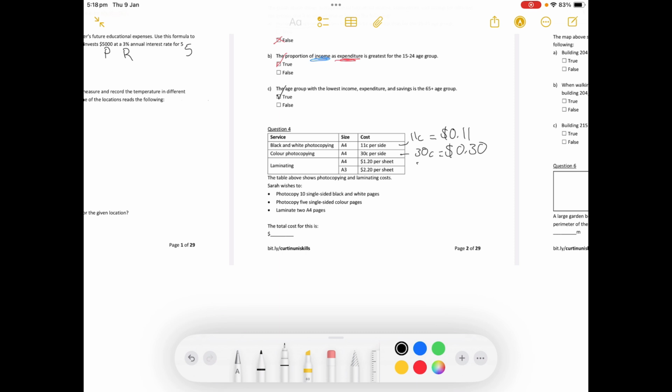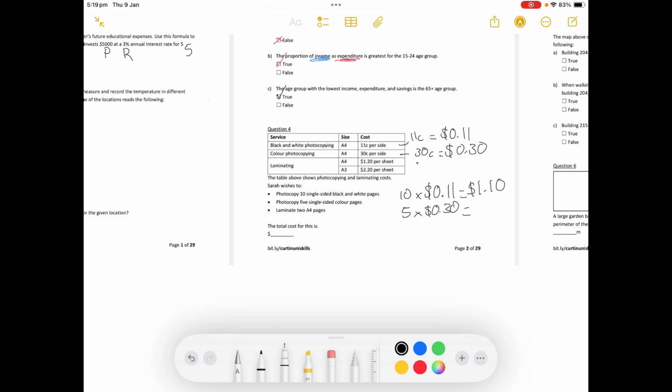So I have 10 single-sided black and white pages, so I'll do 10 times $0.11 for this one. Okay, we'll enter that in our calculator. And that's going to give us $1.10. Alright, we have 5 single-sided color pages, so we'll do 5 times $0.30.